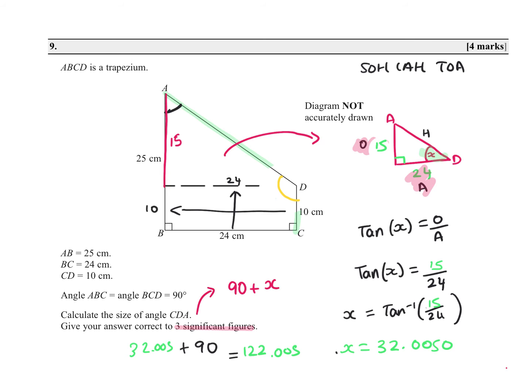Round that to 3 significant figures is 122 degrees. Now, you can actually see 122 degrees, and that angle still makes sense. And 136 still makes sense. But you can also see how easy it is to make mistakes. And we really need to focus on every single detail.